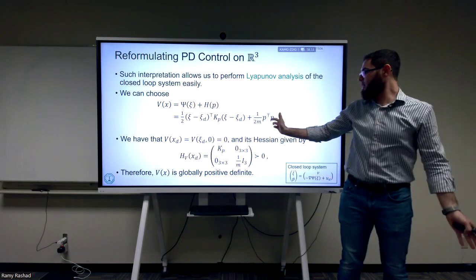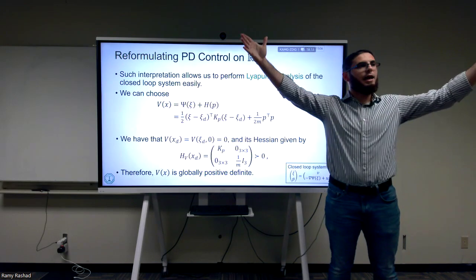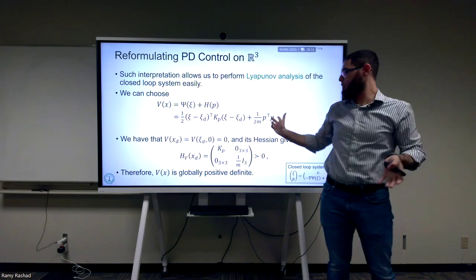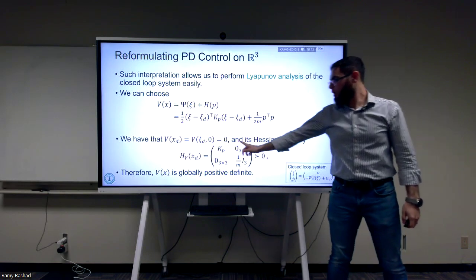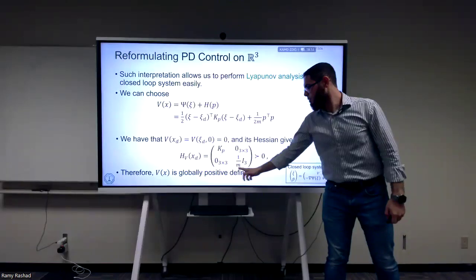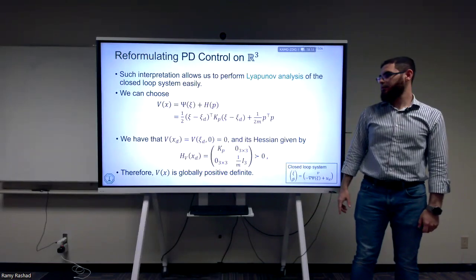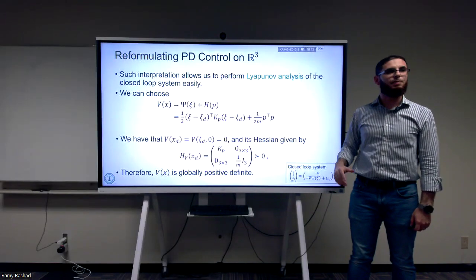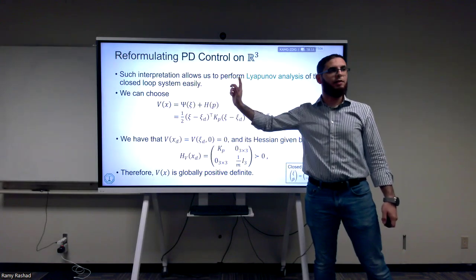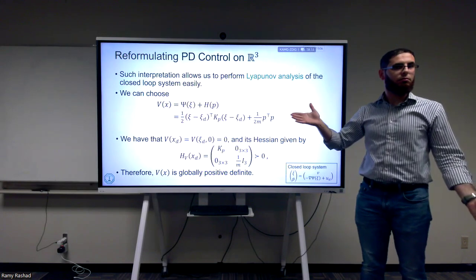It means as p increases and as psi increases, you always get higher and higher values. There are no nonlinearities here. If you calculate the Hessian, as I showed you last time, you get this 6 by 6 matrix, and you can show that it's positive definite everywhere, which means that V of x is a globally positive definite function.